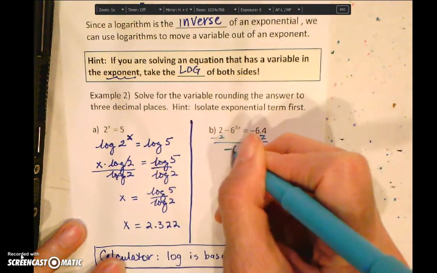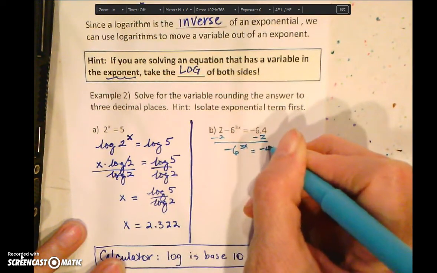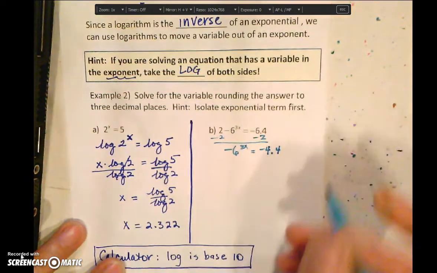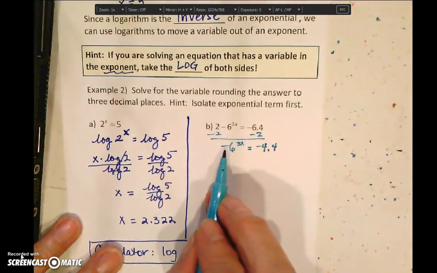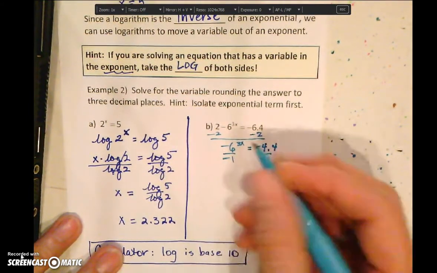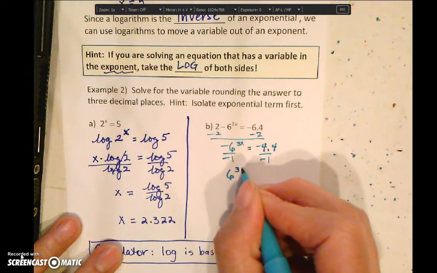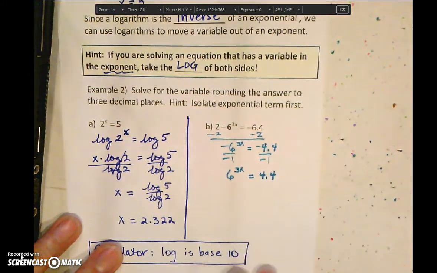And that's going to leave me with negative 6 to the 3x is equal to negative 4.4. Then I have a negative, and I don't really want it negative, so I'm going to divide both sides by -1 and get 6 to the 3x power is equal to a positive 4.4.